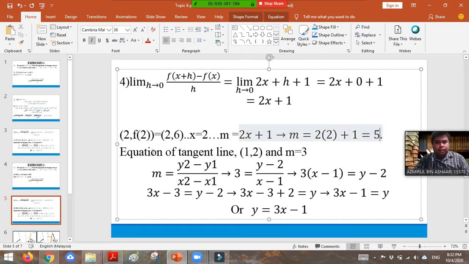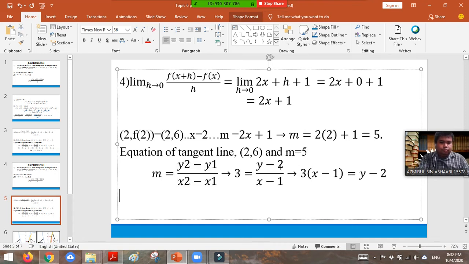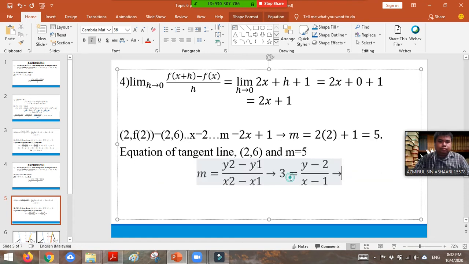So for this case, the tangent line is at (2, 6), and the m is 5. Okay, which is your m is 5, and y is 6 and x is 2.